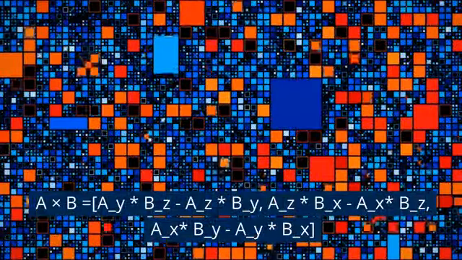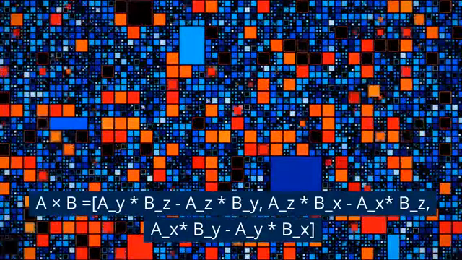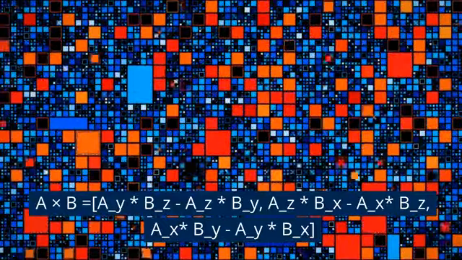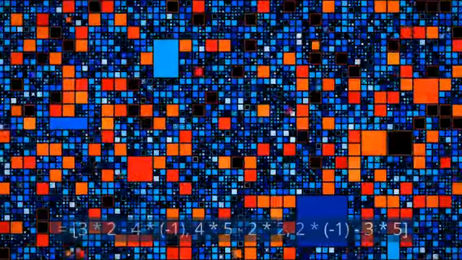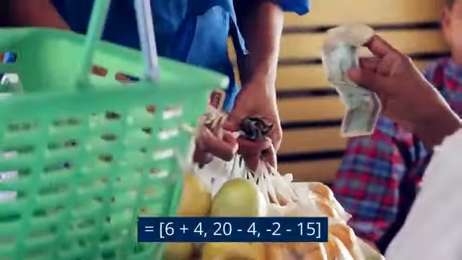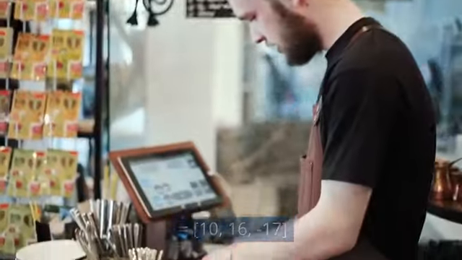A times B equals (A_y * B_z - A_z * B_y, A_z * B_x - A_x * B_z, A_x * B_y - A_y * B_x) equals (3*2 - 4*(-1), 4*5 - 2*2, 2*(-1) - 3*5) equals (6 + 4, 20 - 4, -2 - 15) equals (10, 16, -17).